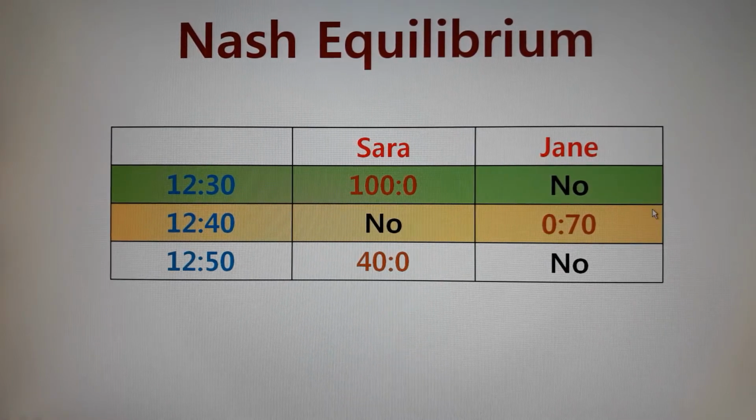What about the second? No. Sarah may change from no to yes. Then, wow, lucky for her. Now, it does not go all the way down here. The game stops at 12:40. Because Sarah says yes to Jane's offer, which is 0 for Sarah.